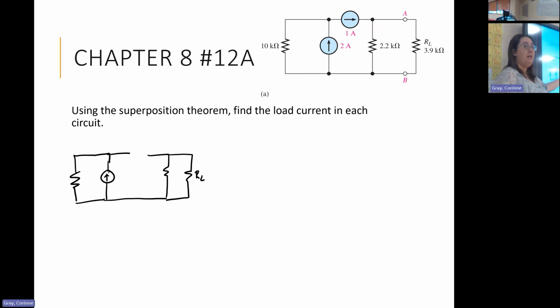So it cannot go to the right here. Which means that there's no current coming in to this bottom portion, which means that the current through our load here must be equal to 0. By having this break, we are saying that this up pointing current source does not contribute to any current flowing through RL. Questions?